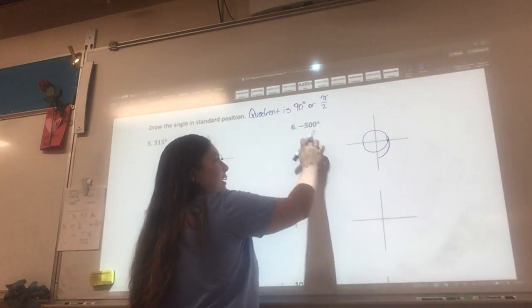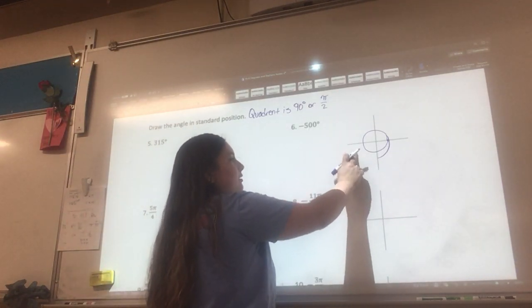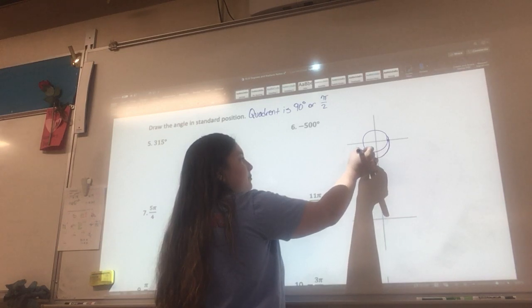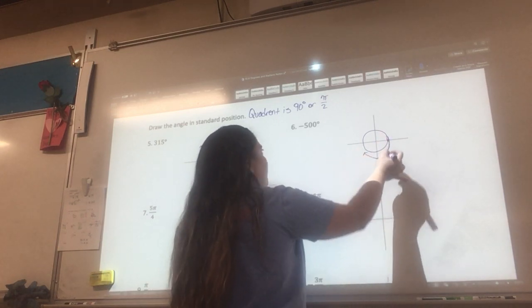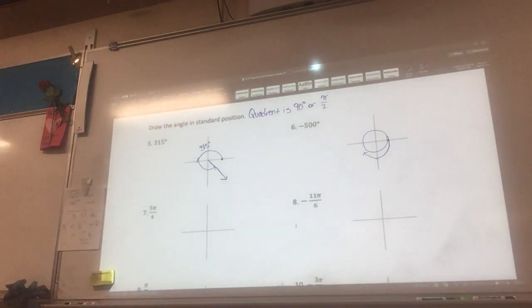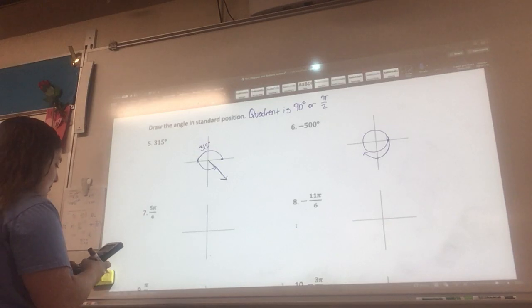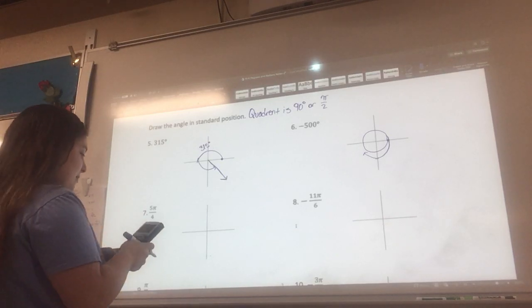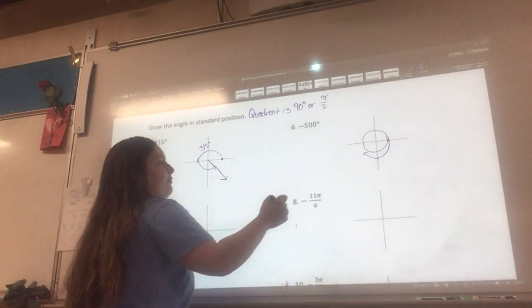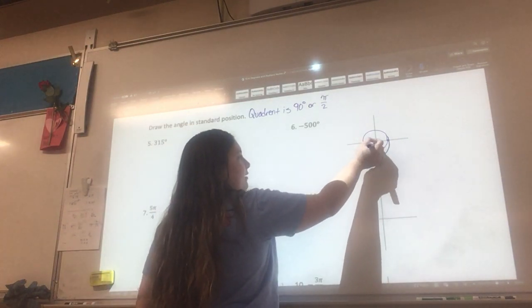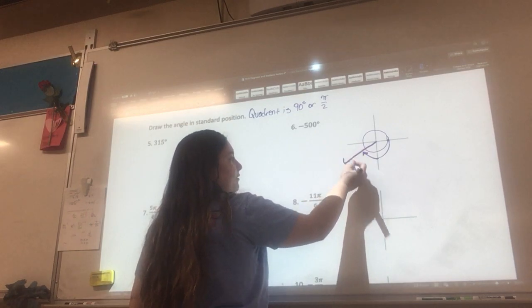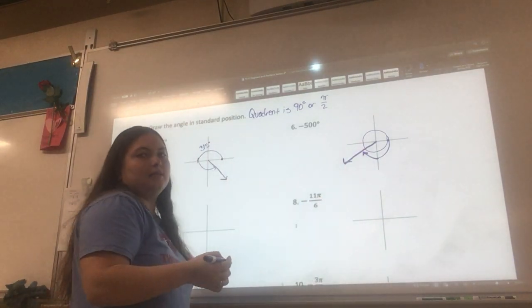Then we add another 90 and go way over 500, so we know 500 is about in here. Noticing that 500 minus 360 leaves 140, we subtract another 90 and have about 50 left. So it's about 50 over here, and we make our standard angle just by doing that.